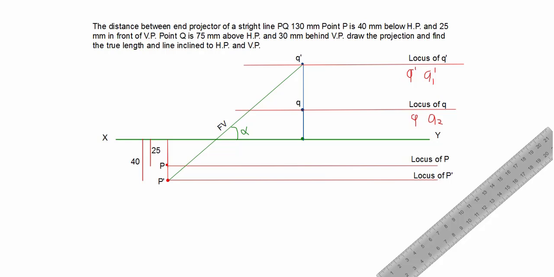Now first we go to the line inclined to VP. So for that, what we do here, first we take the radius P dash Q dash, center P dash, and we make our front view parallel to XY line.